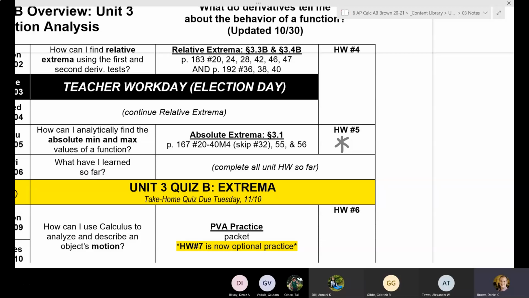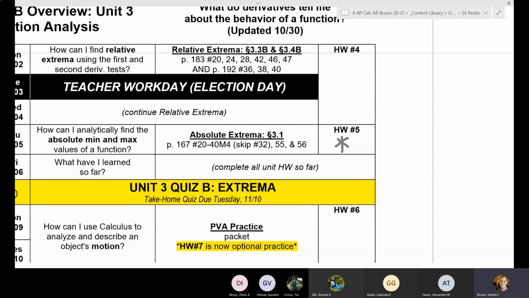No, it's the 10th. So we'll leave it at Tuesday the 10th. So y'all can go ahead and get started on that. Definitely ask me questions as you're working. Again, make sure you distinguish whether you're working in homework 4 with the relative extrema or homework 5 with the absolute extrema.